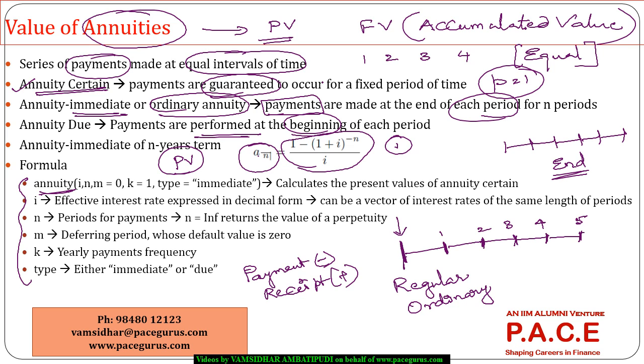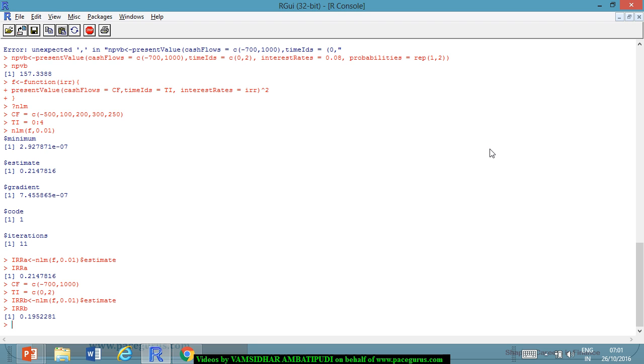It can do the computations of ordinary annuity. The same function annuity can do the calculations for ordinary annuity, can do the calculations for annuity due, and many more things. So we have to understand the whole function of annuity so that we can use it quite comfortably in our calculations without that confusion.